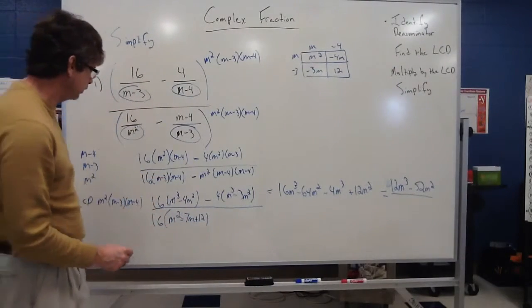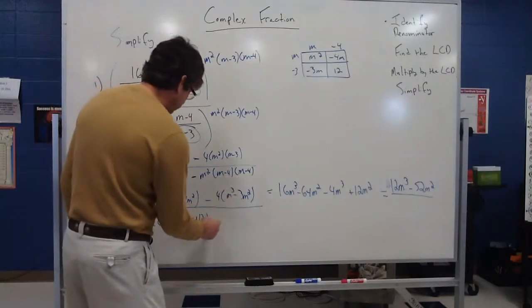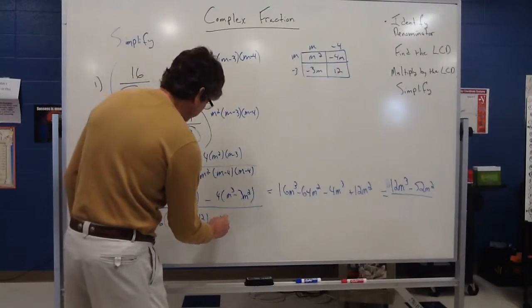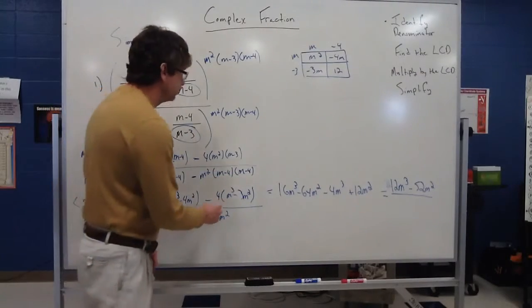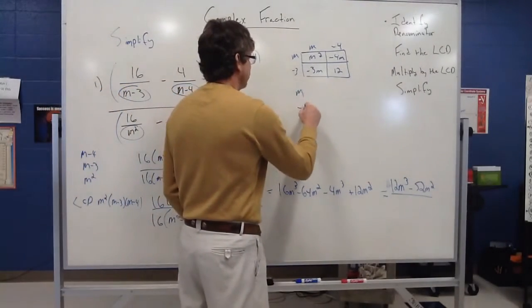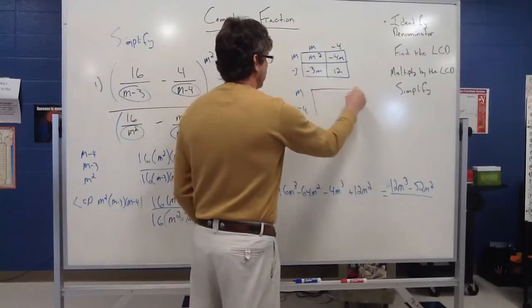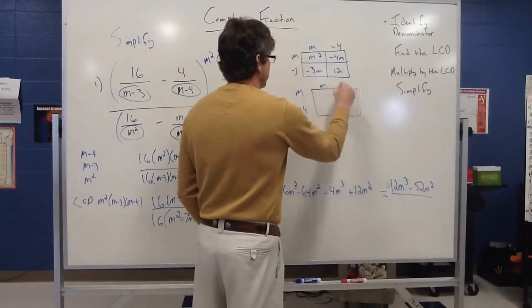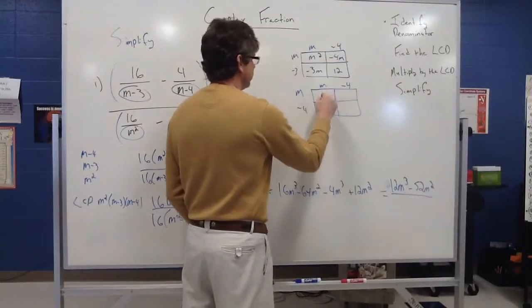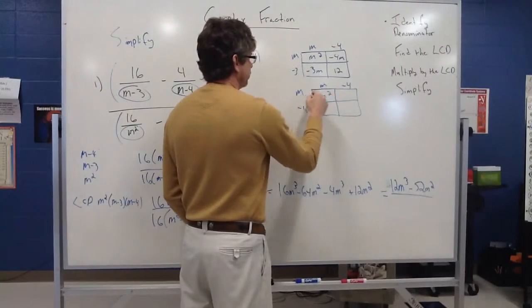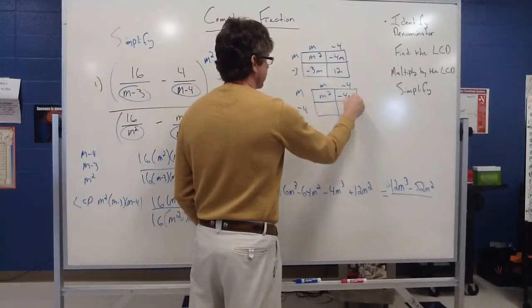I still have to multiply by 16, but I'm going to hold off on that. This over here, I'm going to keep that m squared out for the time being. I'm going to go ahead and multiply that m minus 4 times that m minus 4. So m and a negative 4, and an m and negative 4. M times m is m squared. M times negative 4 is negative 4m.